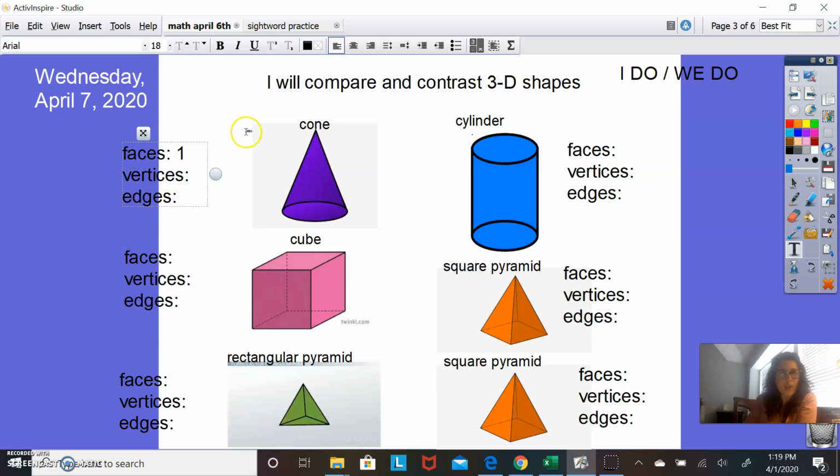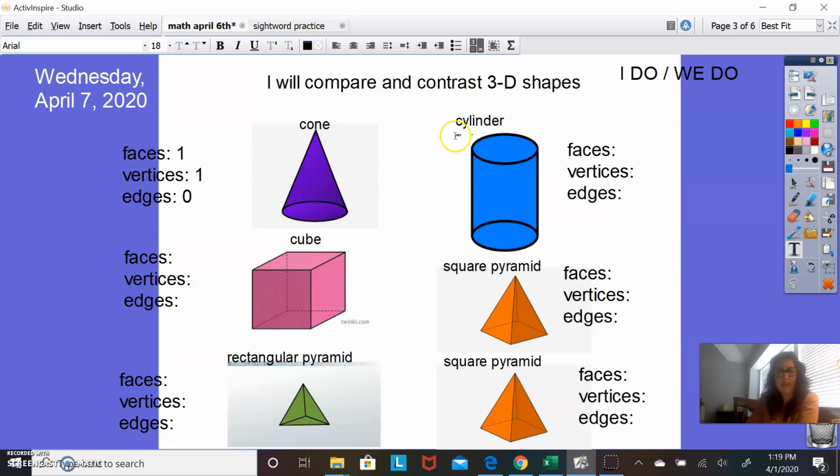Is there a corner, a point here? Yes, we see that here, one. So we'll plug that in, one. And then the edges is where the sides meet together. And so we do not have any edges on the cone. So we're going to say 0.